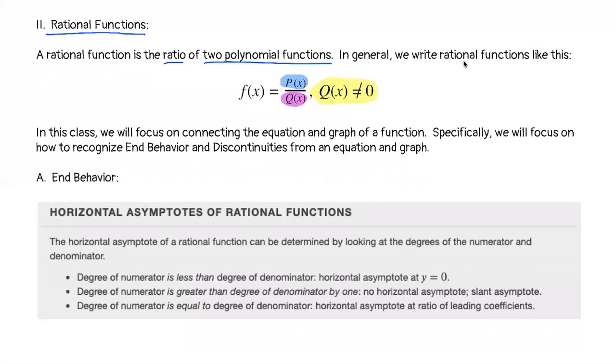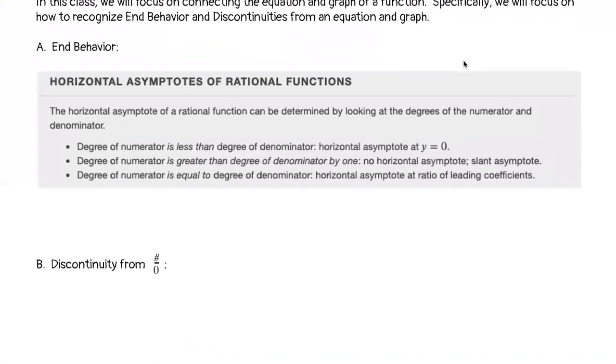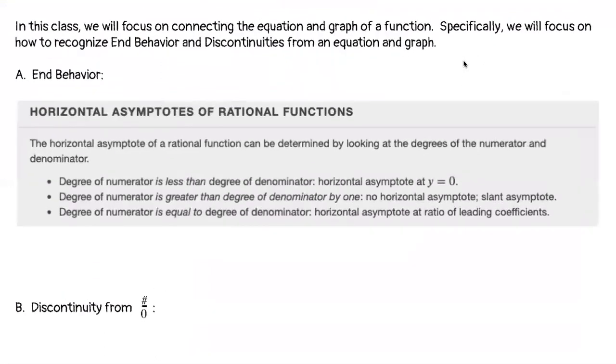So what we're going to focus on for this last part of class is connecting the idea of the equation to the graph of the function. We're going to look at 3 specific things about rational functions that make them special. The first thing is end behavior.